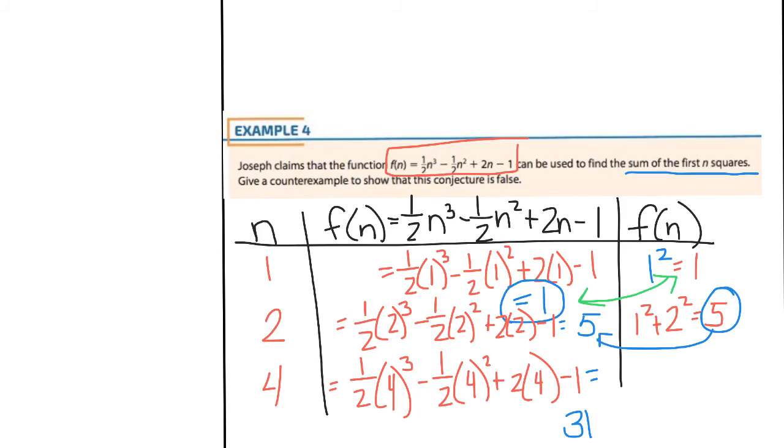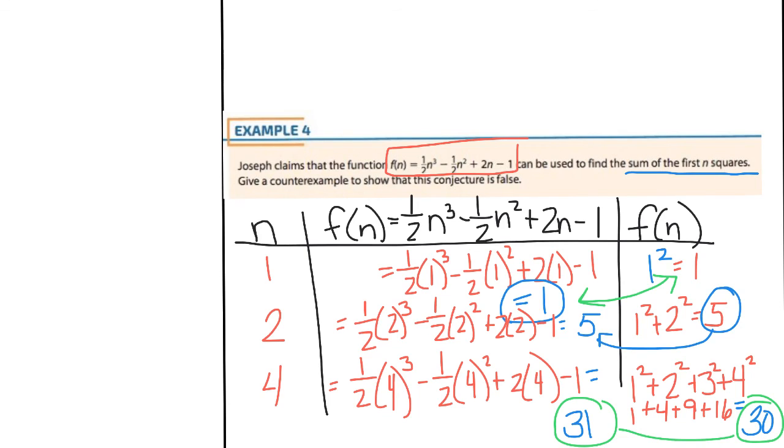Now, again, Joseph said that what that looks like is 1 squared plus 2 squared plus 3 squared plus 4 squared. Well, let's look a little closer at that math. 1 squared is 1, 2 squared is 4, 3 squared is 9, and 4 squared is 16. If we add this up, 20 plus 9 is 29 plus 1 is 30. Hold on, Joseph.